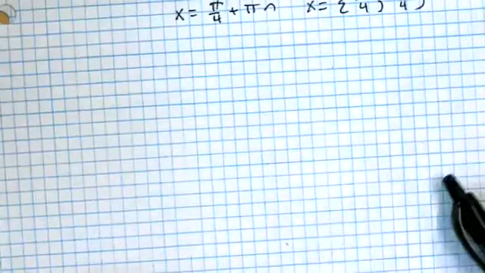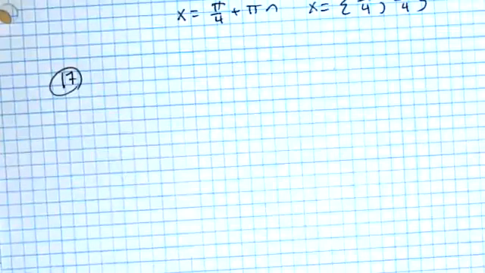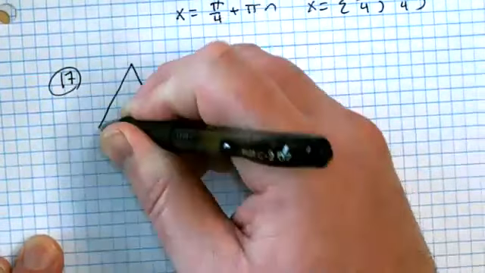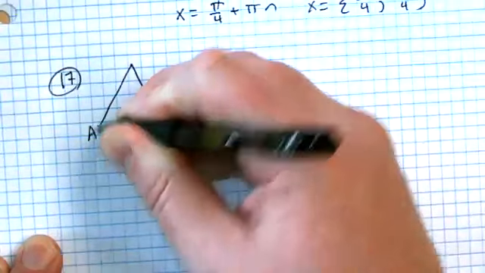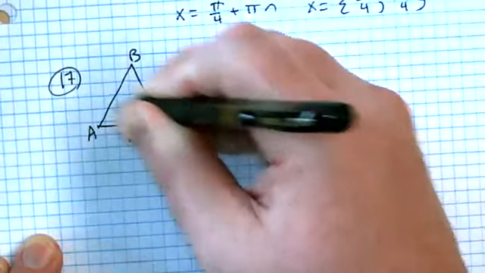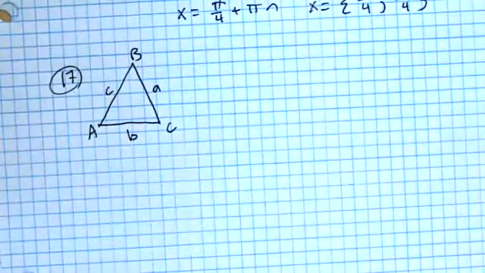Let's look at number 17. Go ahead and draw the triangle in number 17. Draw the triangle, put the values in there.